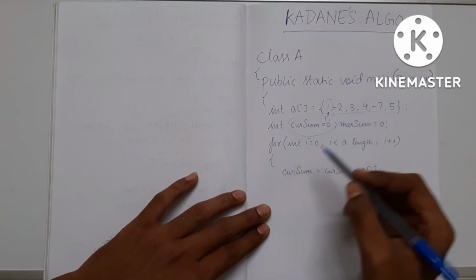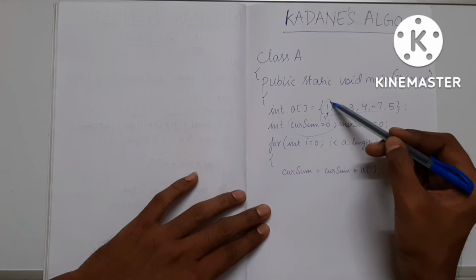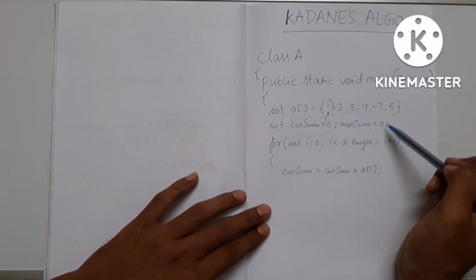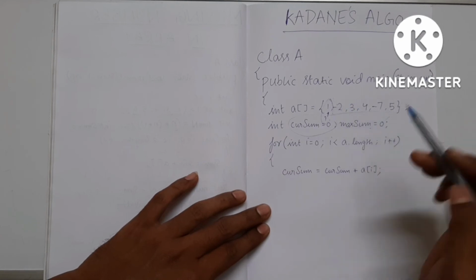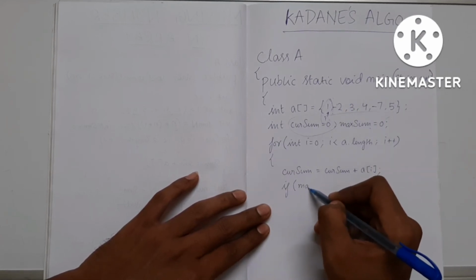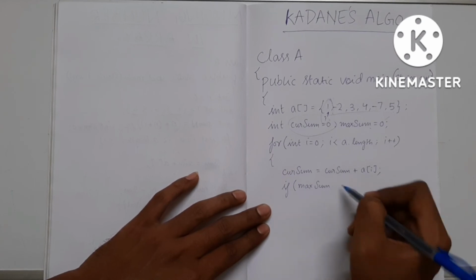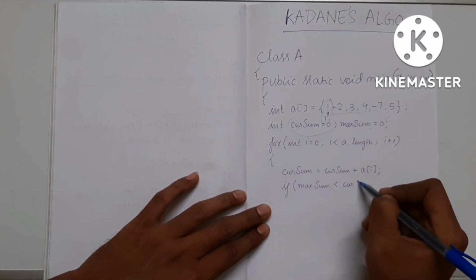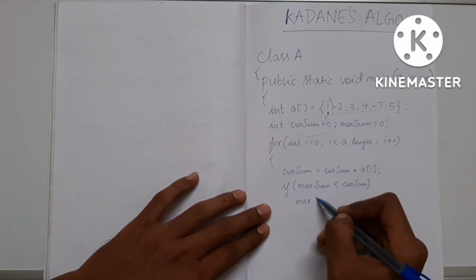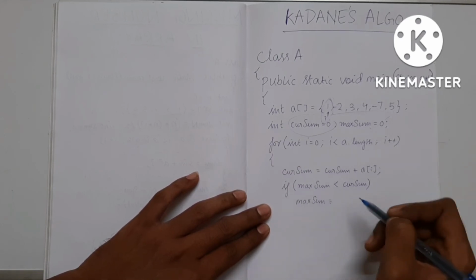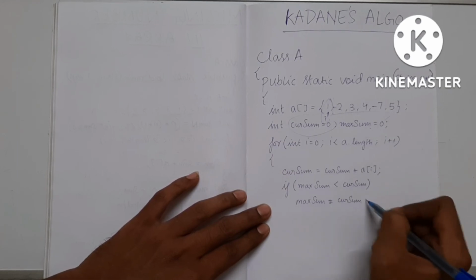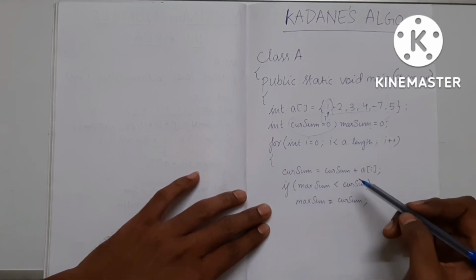We have to check if this current sum is greater than max sum. If it is greater than max sum, we are going to update max sum with the new value. So we say if max sum is lesser than current sum, we will say max sum equal to current sum.